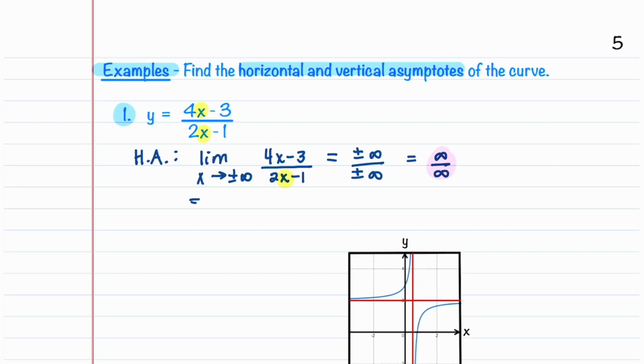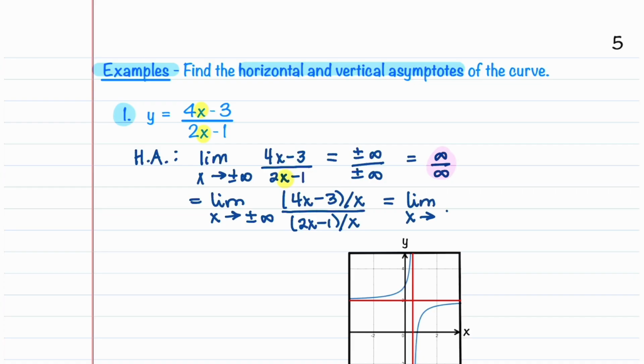We'll write this then as the limit as x goes to plus or minus infinity of (4x minus 3) divided by x, all divided by (2x minus 1) divided by x. This is just the limit as x goes to plus or minus infinity. 4x divided by x is just 4.